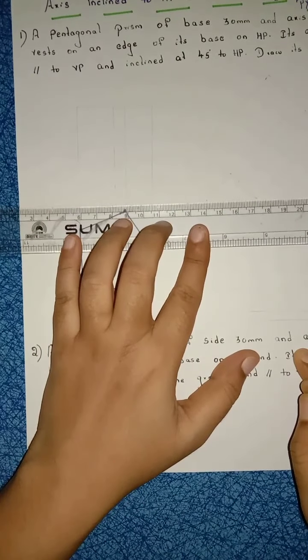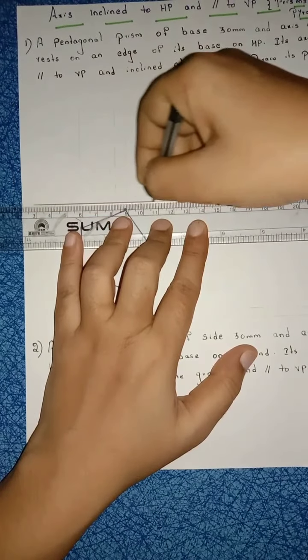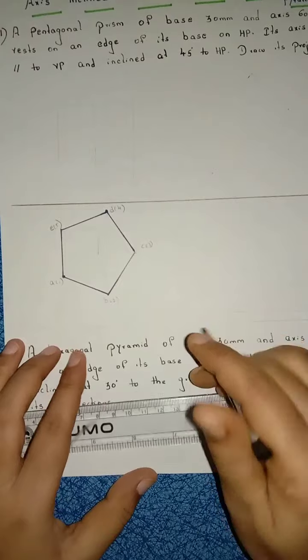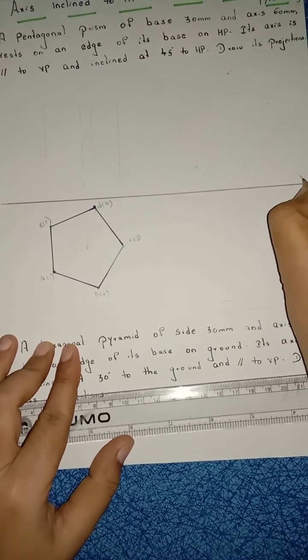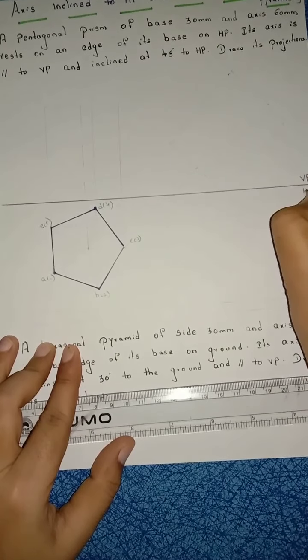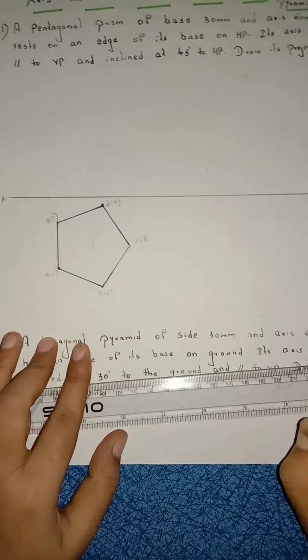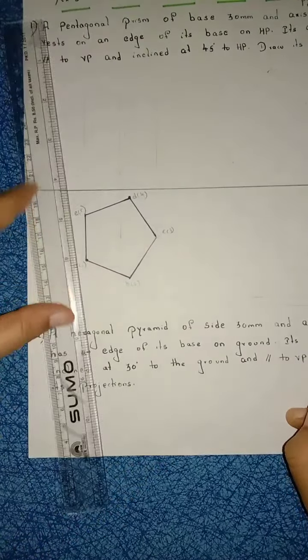Why are we giving a 5 mm distance? Because in the question they didn't mention any distances, so we are leaving a 5 mm gap and drawing a reference line, naming it as XY, vertical plane and horizontal plane. Right, same process, project all these corners till the reference line first.